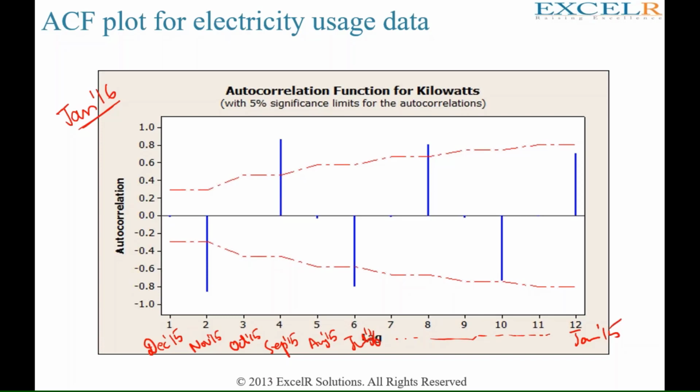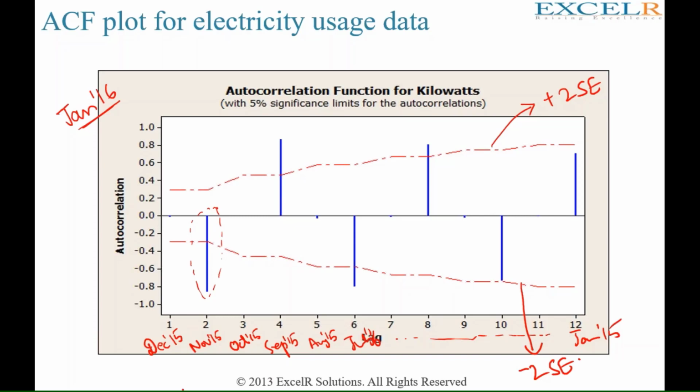When will you call a specific lag as statistically significant in forecasting the next value? If any of these blue lines, that is lags, cross the plus minus 2 standard error confidence interval. Do you see that the December lag is crossing? No, it's not crossing. So December month is not significant in forecasting the electricity usage for Jan 2016. When you look at November, this November data seems to be crossing.